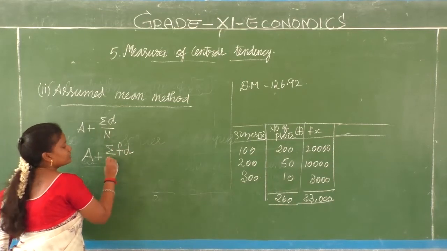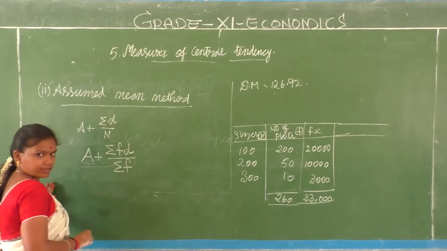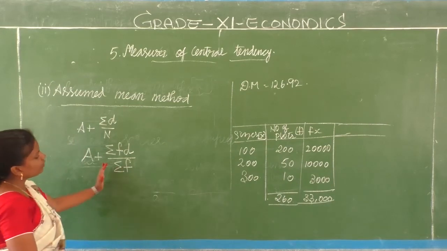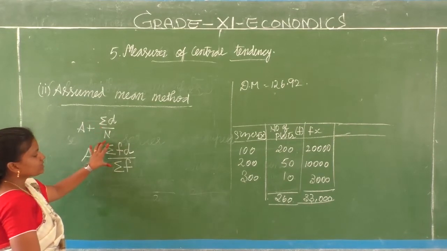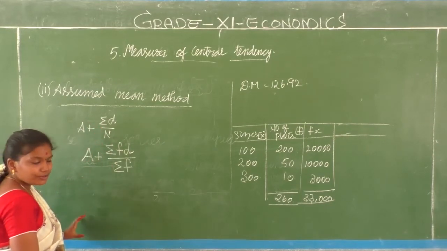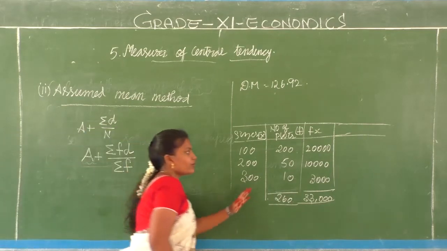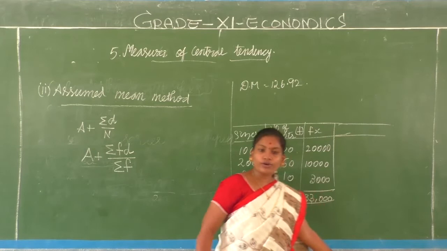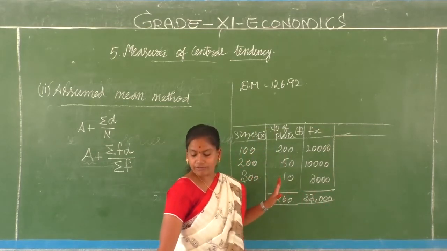So fd divided by sigma f. Right, children? You are going to take only the sigma f. So this was for ungrouped data, and this is the formula that you are going to use for grouped data. So what do you want now? What are you going to add in this calculation? You are going to find d first, and then you are going to multiply that with f.